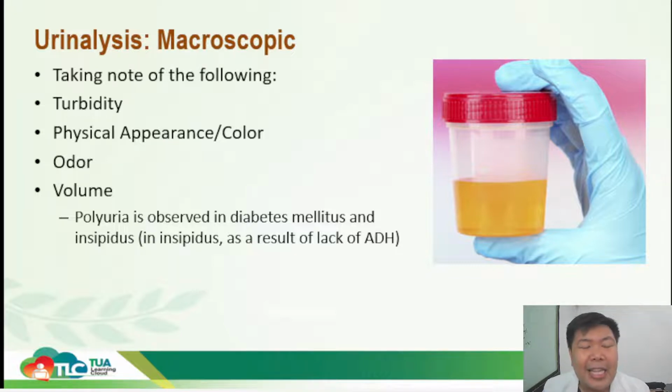And it is observed in patients with diabetes, whether it be diabetes mellitus or insipidus. So when there is too much urine being formed, or when you go to the CR too often, then you might want to have your sugar checked because that might be a symptom of diabetes. So that's for your macroscopic, and we take note of that. And if you do have a urinary result, you might want to check the macroscopic results of your urine.